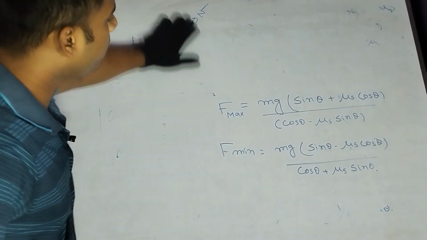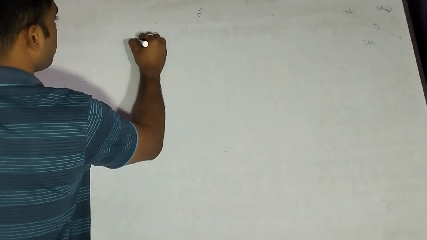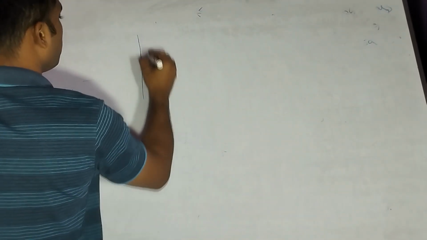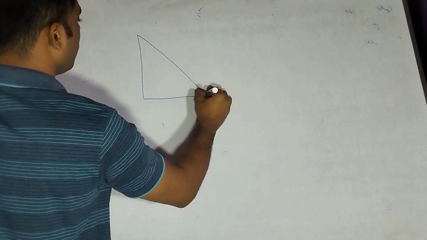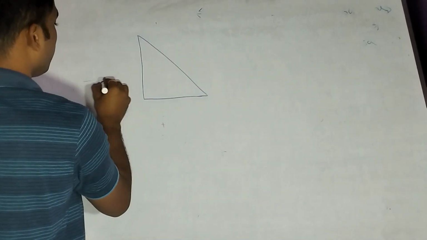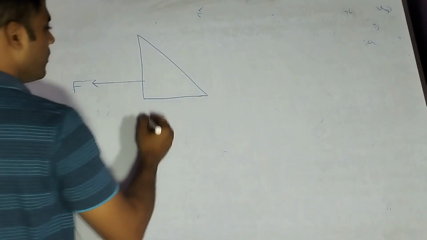Then the next problem. Here the sign changes for the maximum. This is the inclined plane, and the force is applied in this direction. The direction changes.